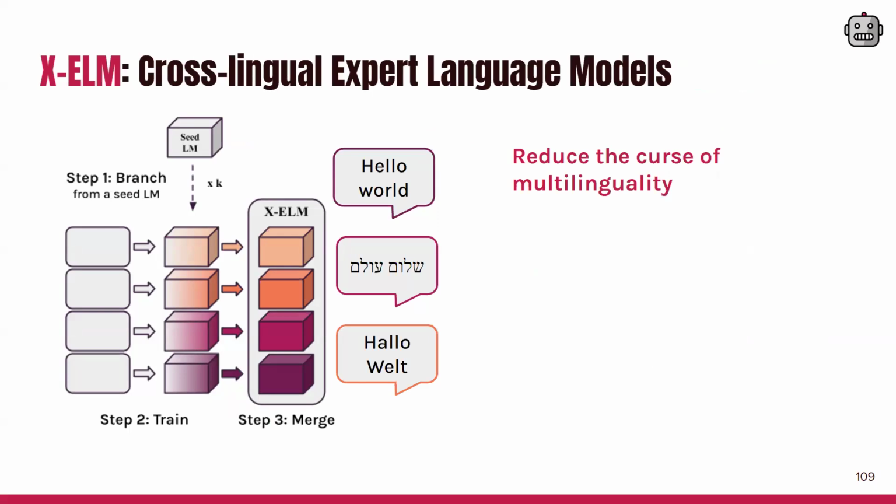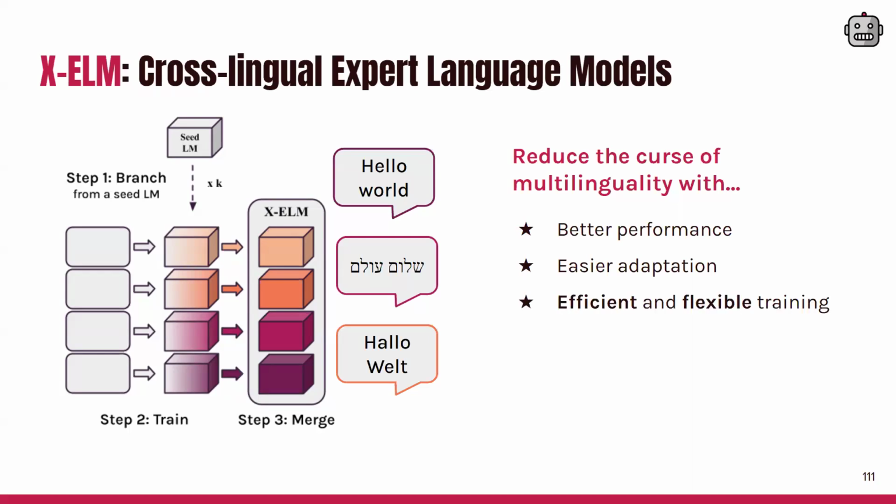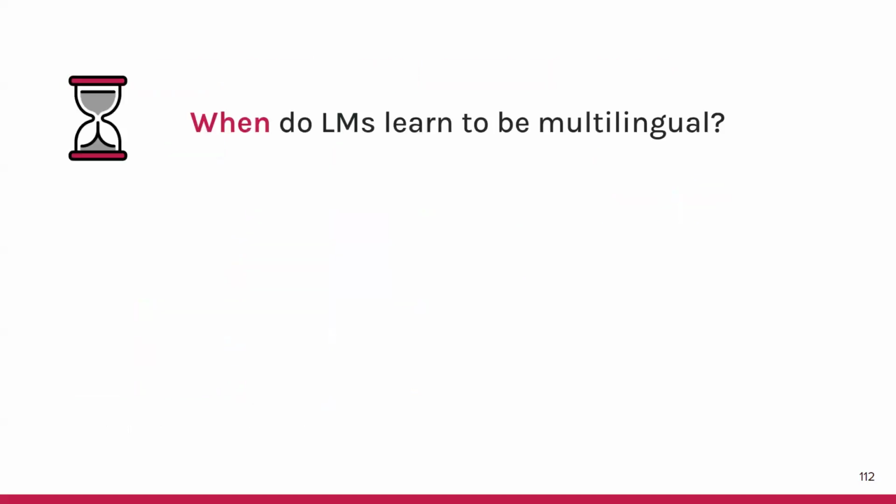And so we no longer have this interlanguage competition across cluster boundaries. And so this gives us better performance, but it also gives us easier adaptation and training in general of the multilingual model. And because the training is more efficient and more flexible, it's able to be used in low compute settings where maybe you have less hardware available.